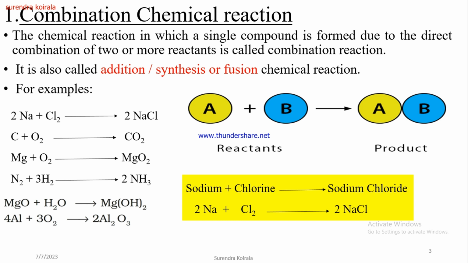Sodium and chlorine act as the reactants and sodium chloride acts as the product. Sodium and chlorine take part in the chemical reaction and combine to form the single product, sodium chloride. That's why these are examples of combination chemical reactions. And second, carbon plus oxygen combines to form carbon dioxide. Magnesium plus oxygen gives magnesium oxide.